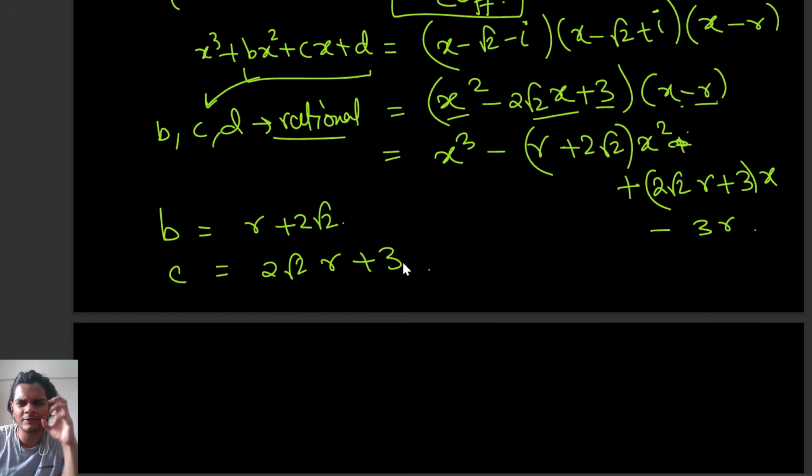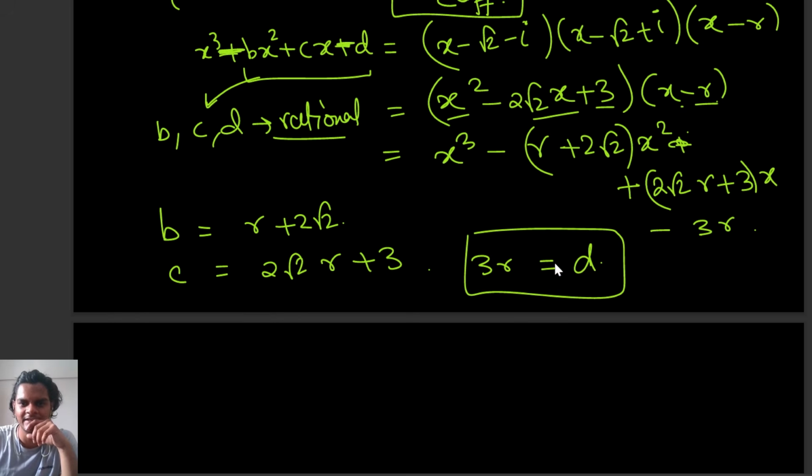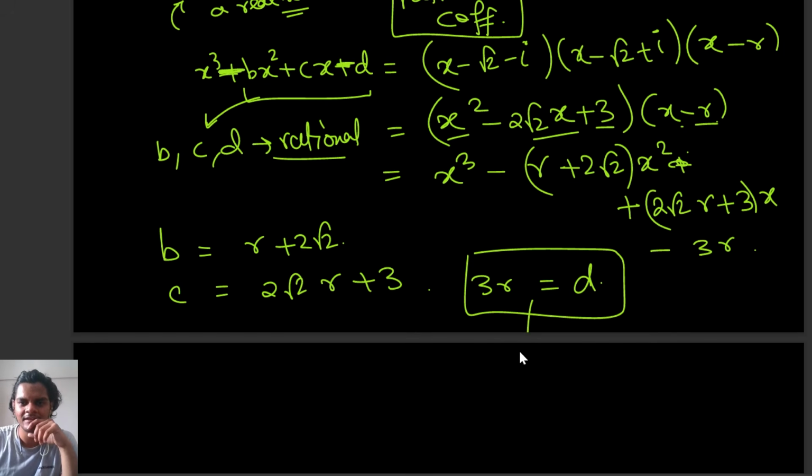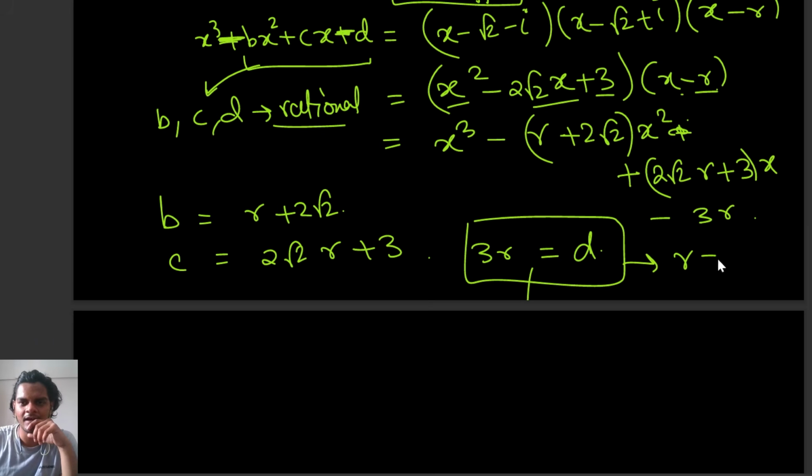So is this sitting together? And minus 3r has to be d. So 3r has to be d, and here it gives me that r is equal to d by 3. So r has to be rational.